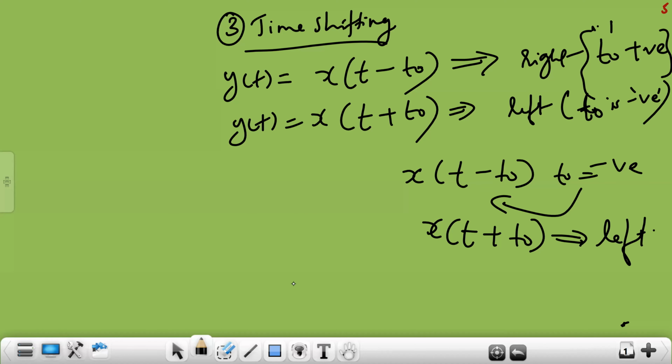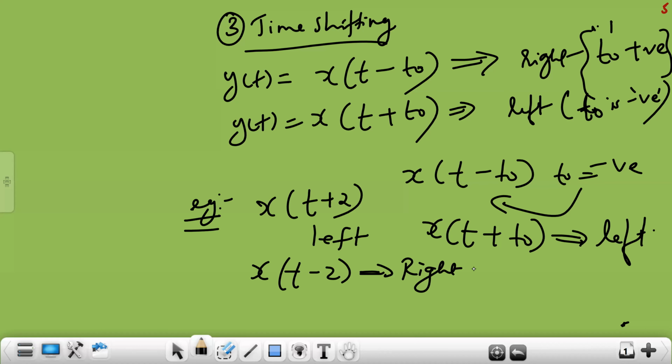If it is x of t minus 2, then we are going to shift right. Is that clear? Okay. That will be clearer once I explain with an example.